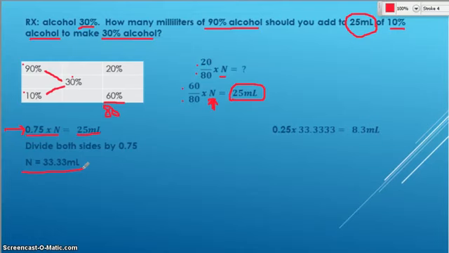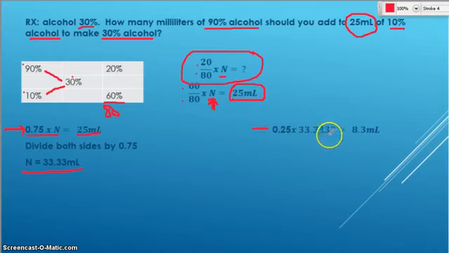So now that we know what that missing piece was, we can go back in and put it into the top equation, this one right here, and find out how many milliliters of 90% we need. Again, I rewrote the equation down here, and I changed the 20 over 80 to a decimal first. 20 over 80 is 0.25.